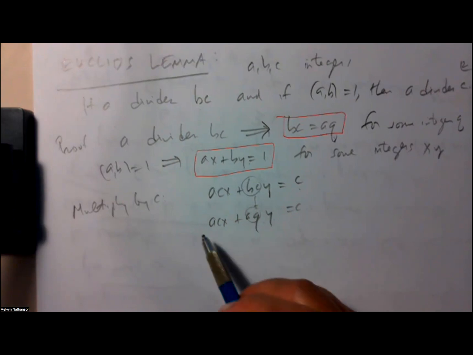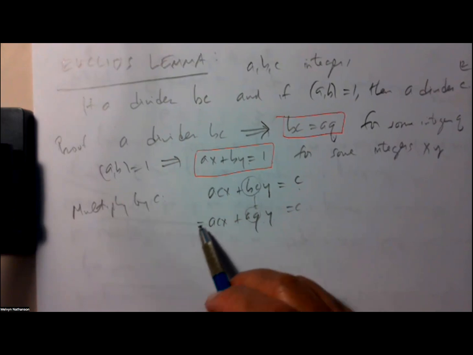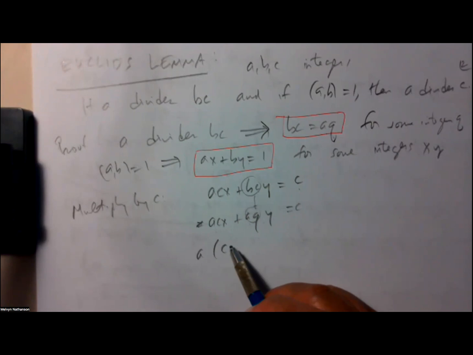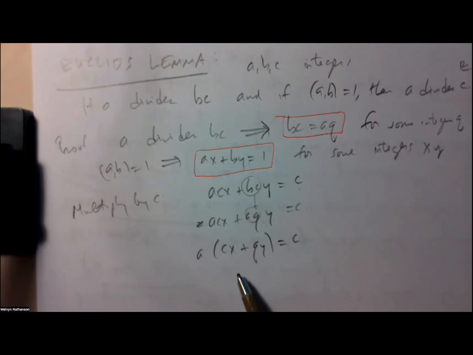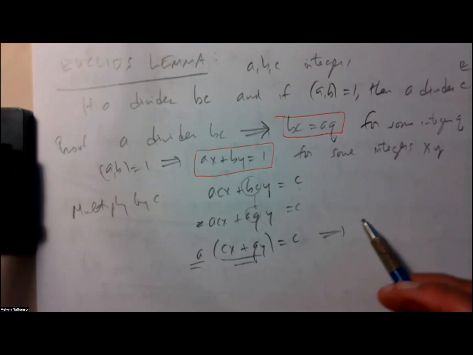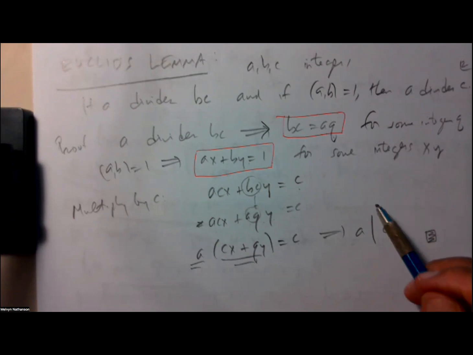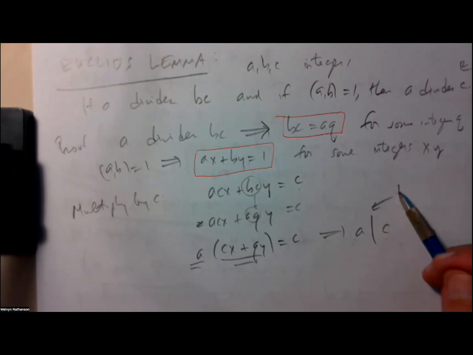I can factor out the A. This is A times (CX plus QY) equals C. And A, B, C, Q, X, and Y are all integers. So A times this integer equals C. Therefore, A divides C. Remember, this vertical line means divides. So that's the proof of Euclid's lemma.